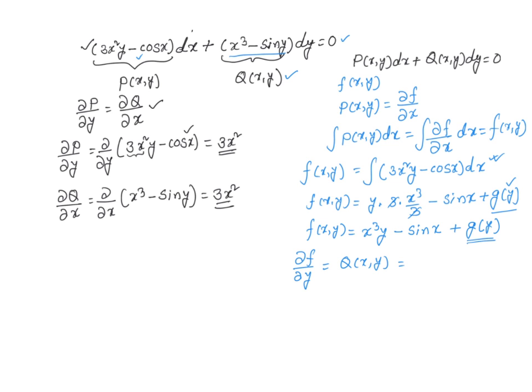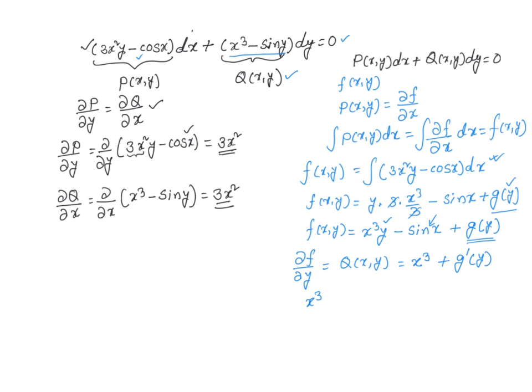The partial derivative of x cubed y is just x cubed, and the partial derivative of sine of x with respect to y is 0, plus g prime of y, because we don't have the explicit form for g.